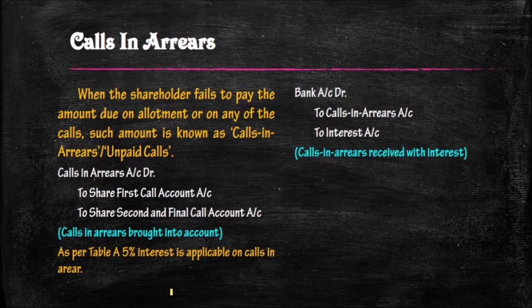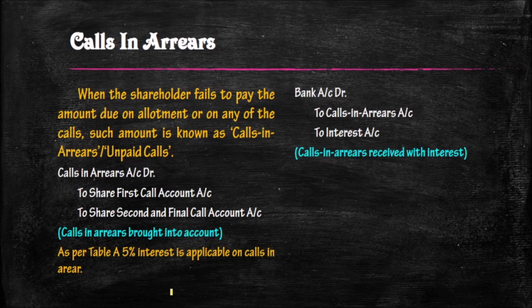We have to be well aware about how to write the arrear amount related to calls in arrear. You know very well, the 8-mark question is the maximum question in the board exam. And from share capital, definitely there will be one question for the issue of shares with complex adjustments. So in that, calls in arrear is an important adjustment. We have to be well aware and be prepared.